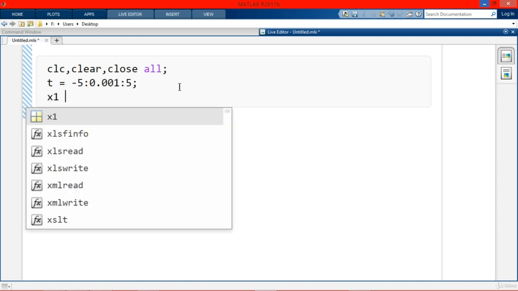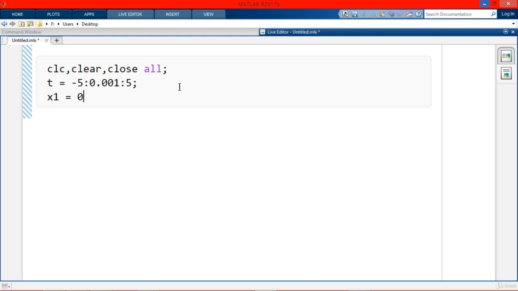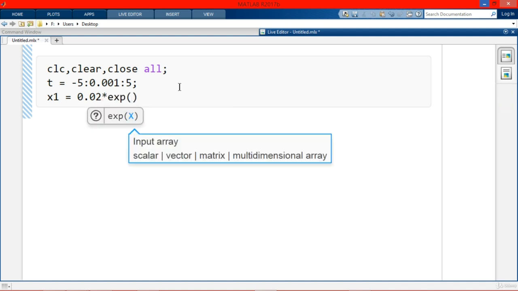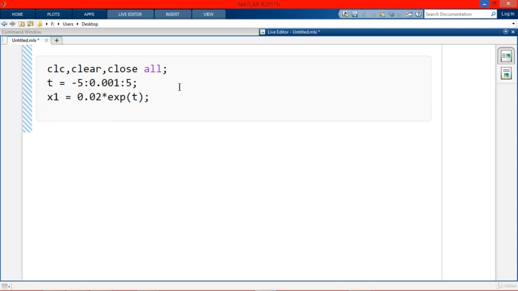Now define two functions, x1 and x2, like that. And you can see that x2 has negative t, which means that it will produce a mirror image of signal x1 but at -t, or on the negative x-axis. Now define two more variables for even and odd signals.